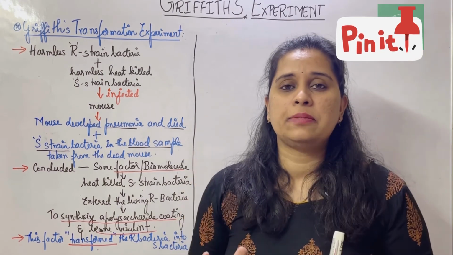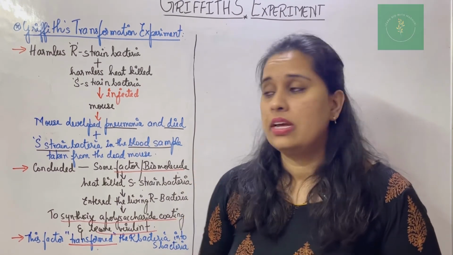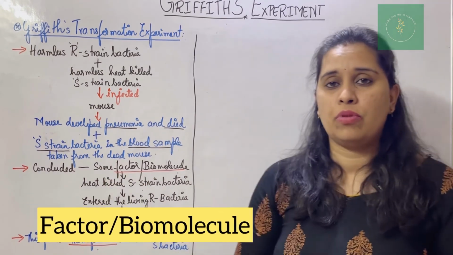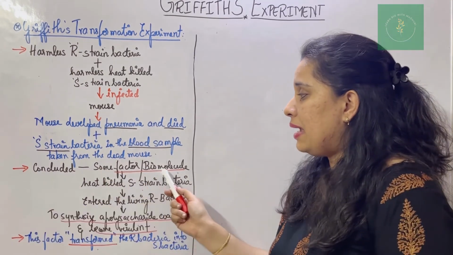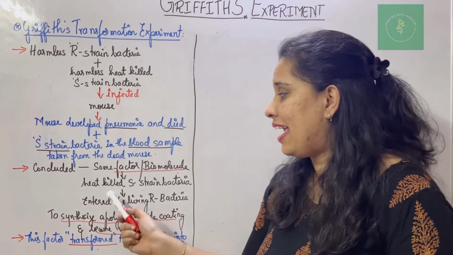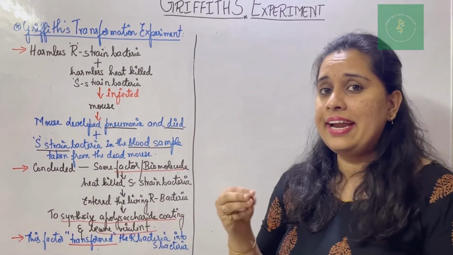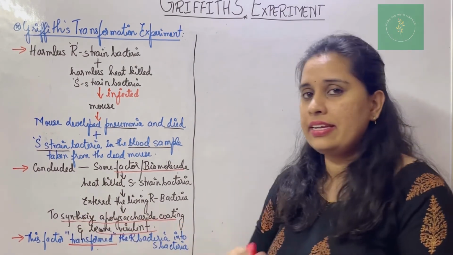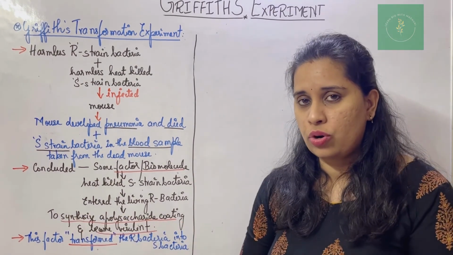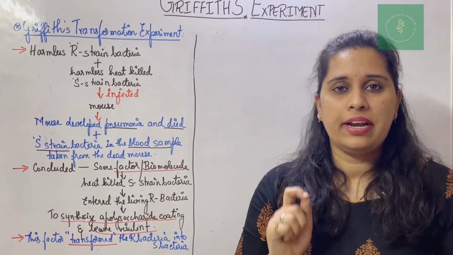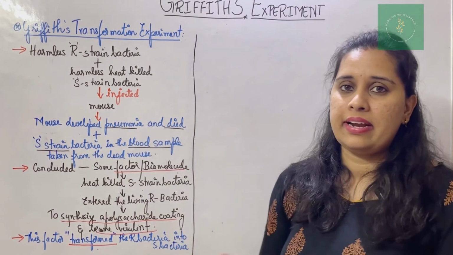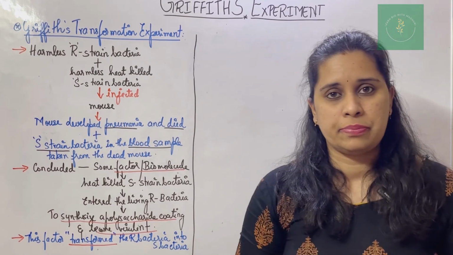So in this experiment, what did he conclude? He concluded that some factor or biomolecule, mainly from the heat-killed S strain, entered into the R strain to synthesize a polysaccharide coat and become a virulent bacteria. This is why he calls this experiment the transforming principle.